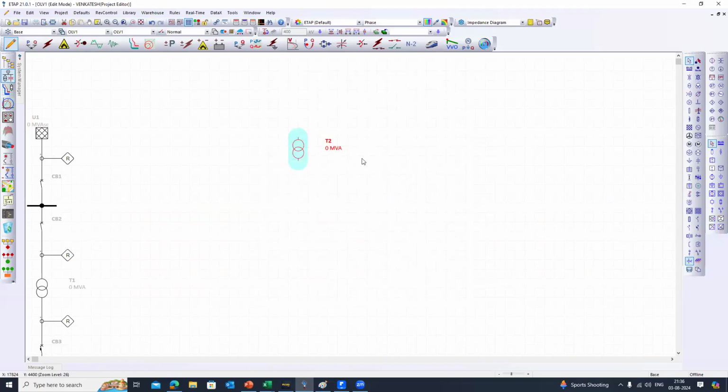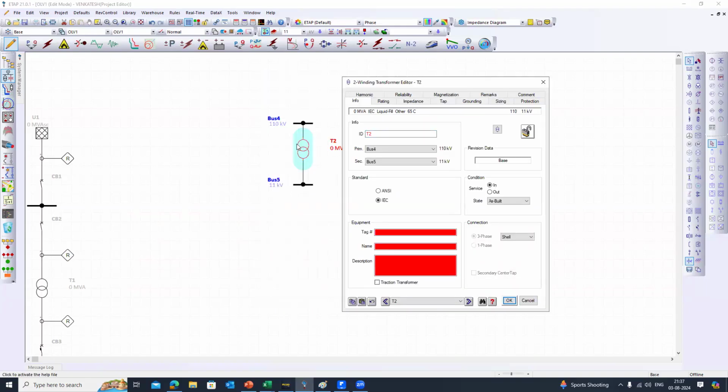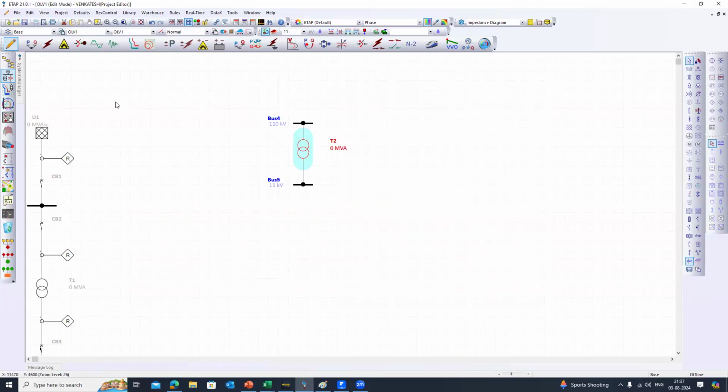So ideally it's better, right? Now let me connect this transformer to two different buses. This is 110 kV and this is 11 kV. Okay, fine. So in this transformer, we can call the 110 kV side the primary and the 11 kV side the secondary. Why are we calling it like this?